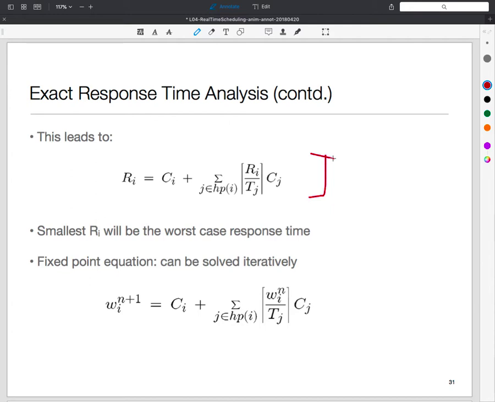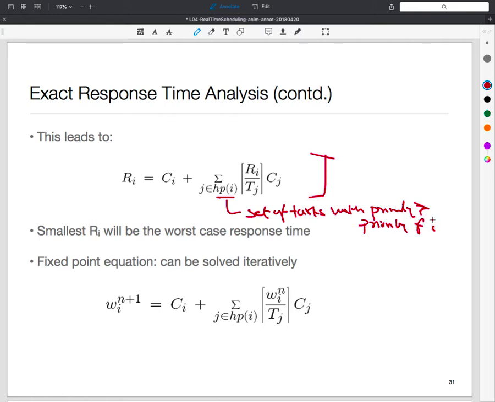All I care about is I know the T's and the C's of every task, and I'm basically saying for any given task i, it would have been preempted by higher priority tasks, and that's what HP_i means. HP_i is the set of tasks with priority greater than priority of i.